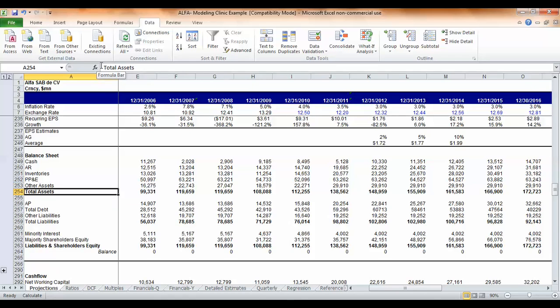In most cases, other assets would include intangible assets. Also, as I mentioned, when a company has investments outside their core businesses and the company is not a majority owner, that's the line where you would see that reflected in the balance sheet. So it's like the mirror image of the minority owners.